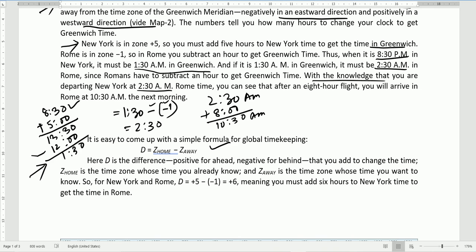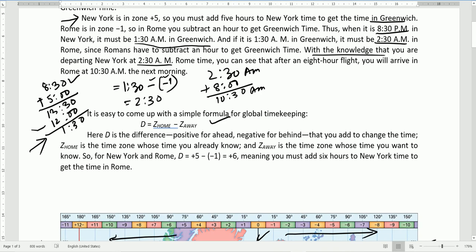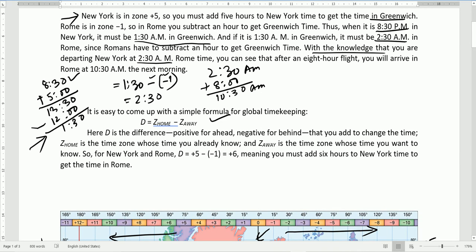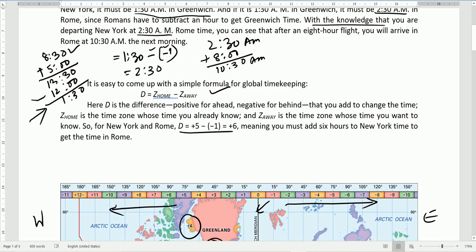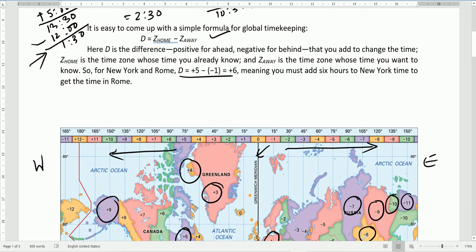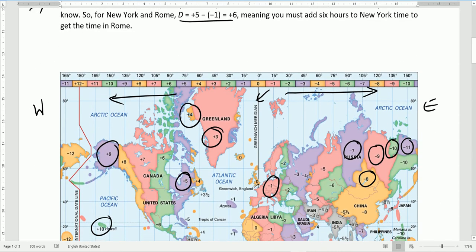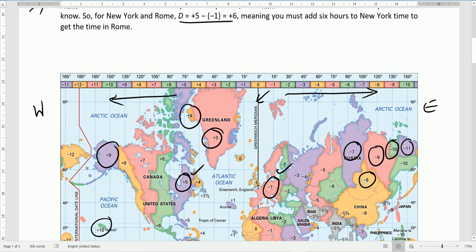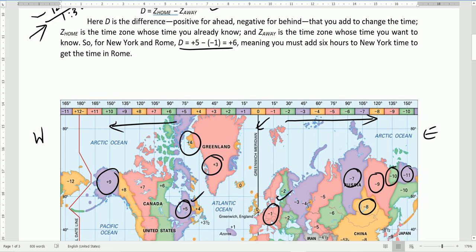For New York and Rome, applying the formula, D = +5 minus (-1), meaning you must add 6 hours to New York time to get the time in Rome.